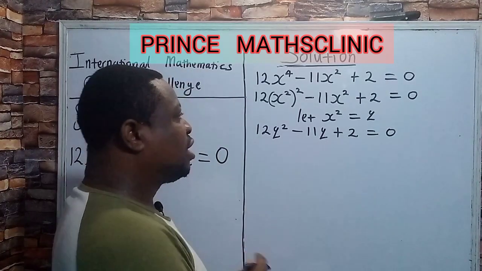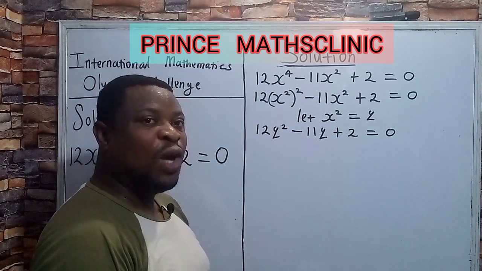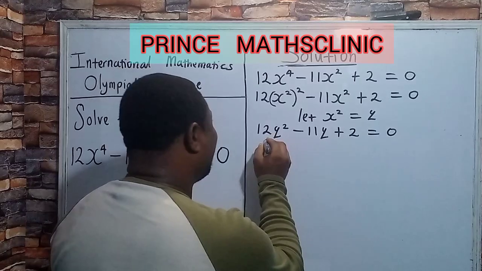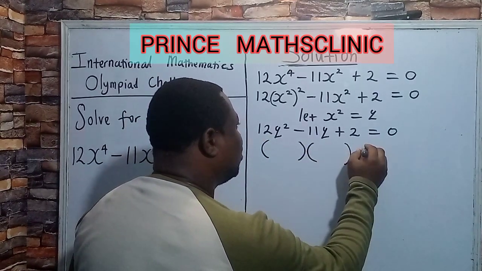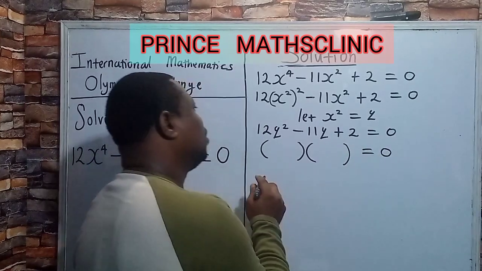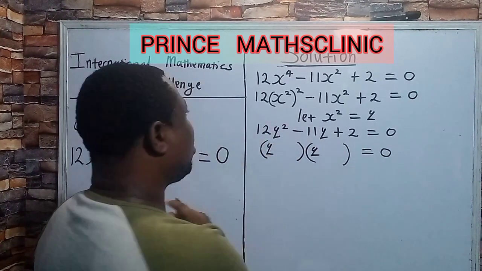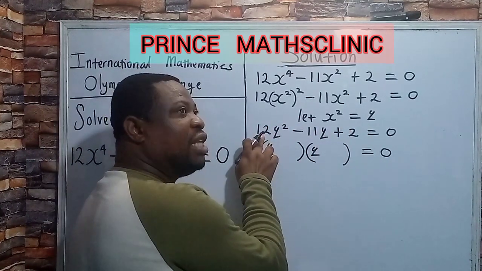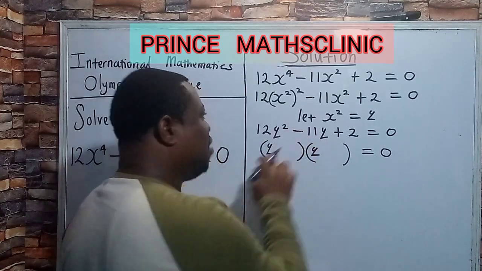Check in the description of this video as well to see how to solve any kind of quadratic equation. Now, I'll put 2 brackets, then equal to 0. So now I'll put q. Use this 2 to multiply the leading coefficient here, which is 12. You get 24. And here you have negative 11.